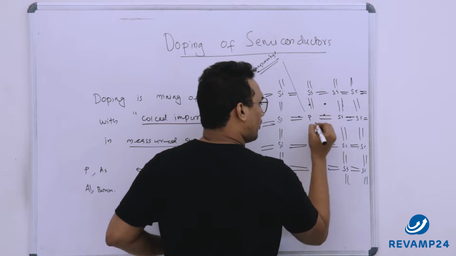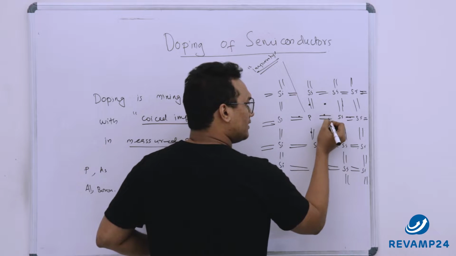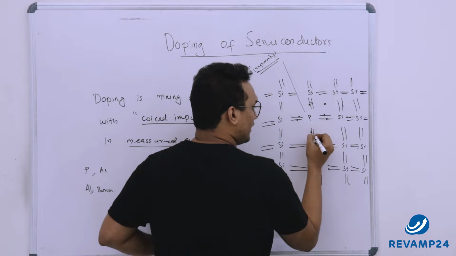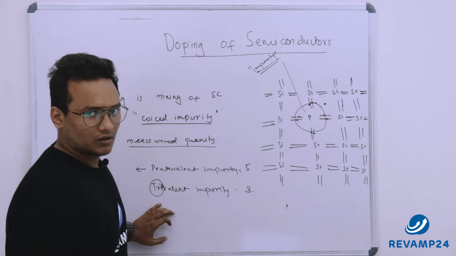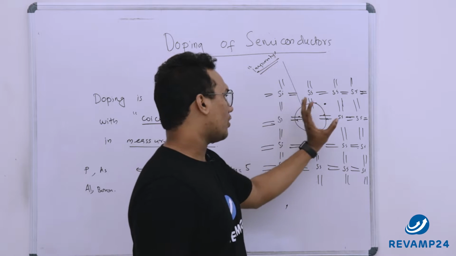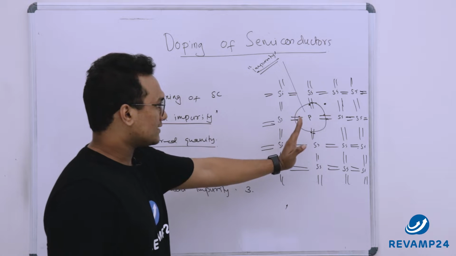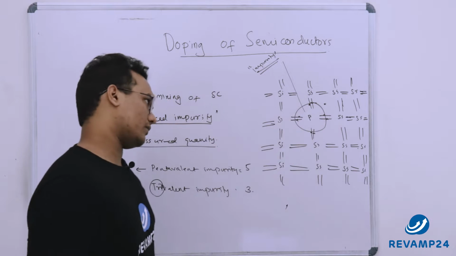Phosphorus gives 4 electrons to share with the nearby 4 silicon atoms. This has stability, with 8 electrons in the outermost orbit, and no holes are generated. But what we can see here is an excess electron.